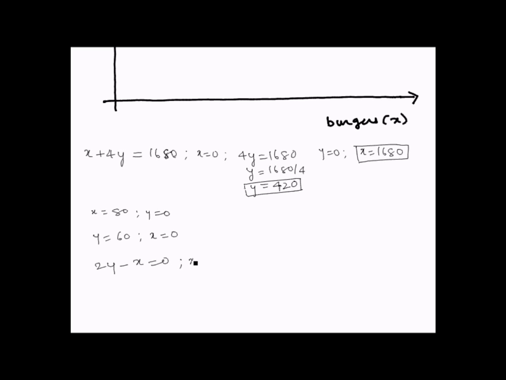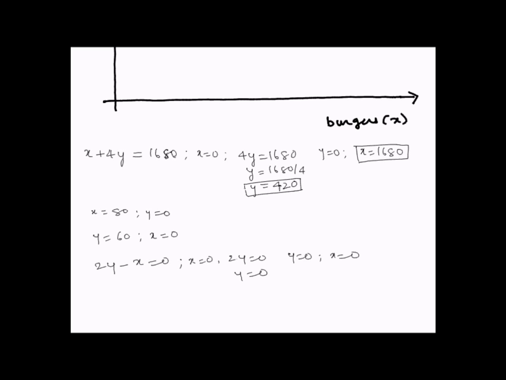So in this, if we put x is equal to 0, we get 2y equals 0, or y equals 0. If we put y equals 0, we get x is equal to 0. So let us now plot these lines to find the feasible solution region.